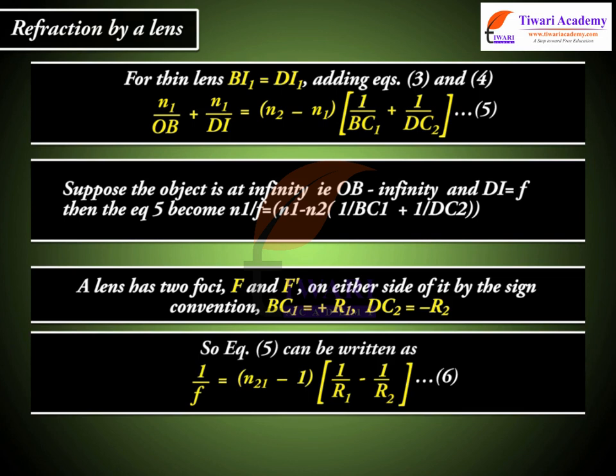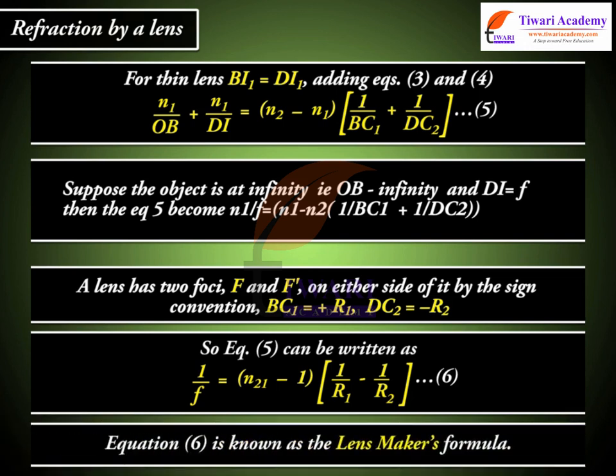So equation 5 can be written as 1 by f is equal to (n21 minus 1) times (1 by R1 minus 1 by R2). Equation 6. Equation 6 is known as the lens maker's formula.